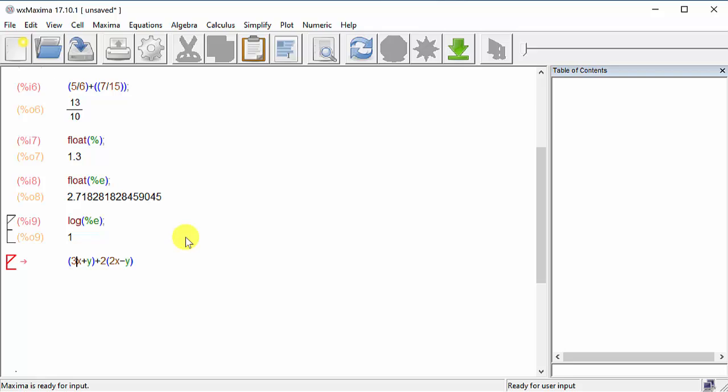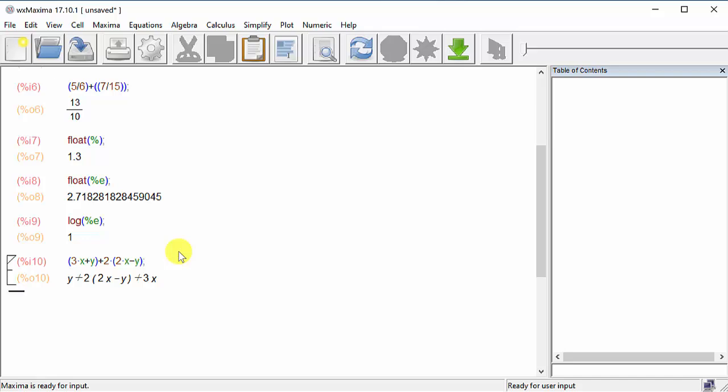You have to actually type in 3 star x. So we would have to come in here and put 2 star, and then 2 star here. Then we hit the semicolon, and hold Shift Enter. And look what it gives us: y plus 2 times 2x minus y plus 3x.